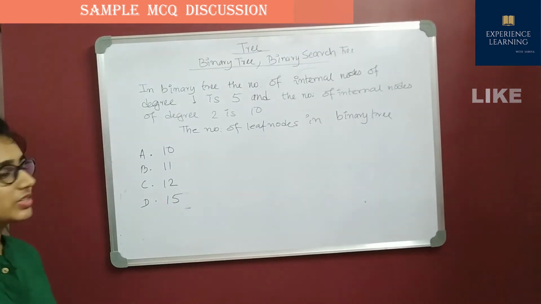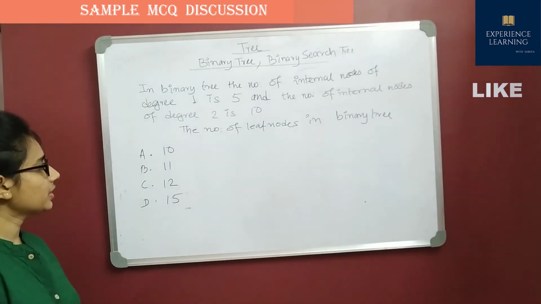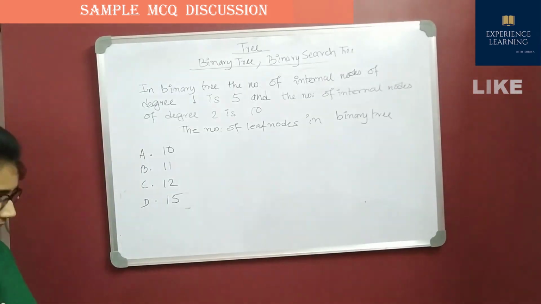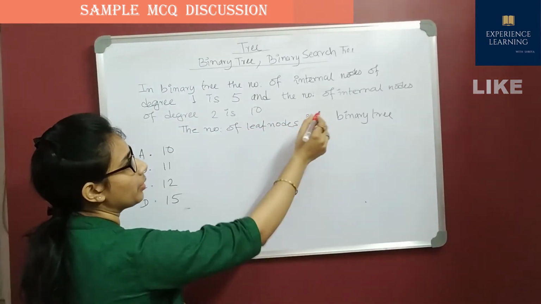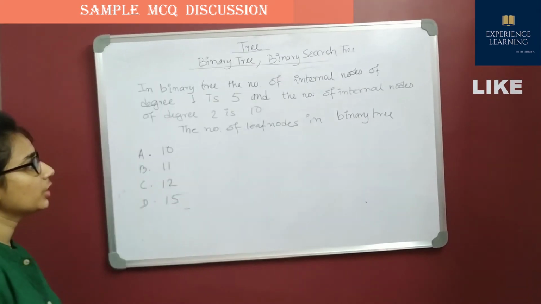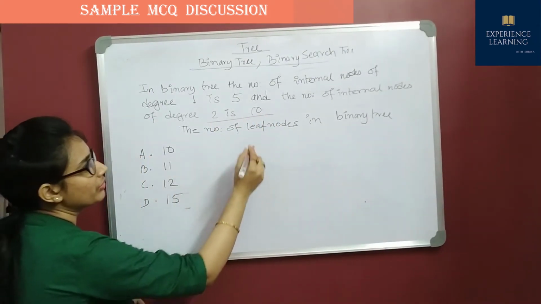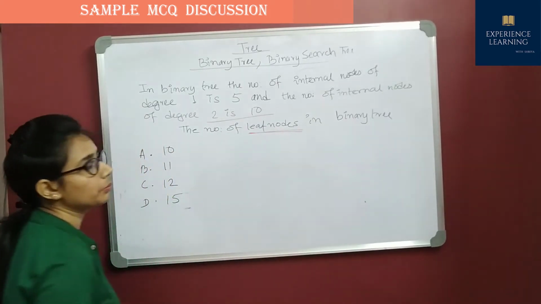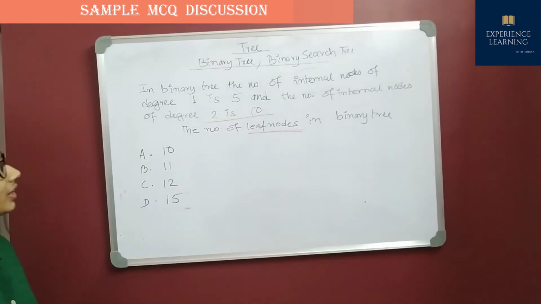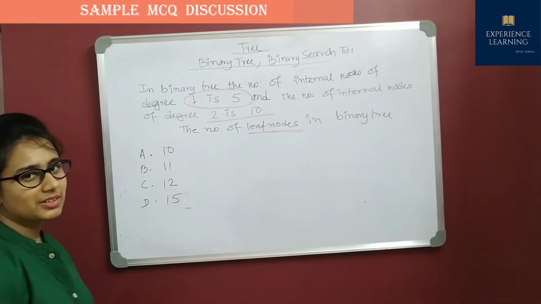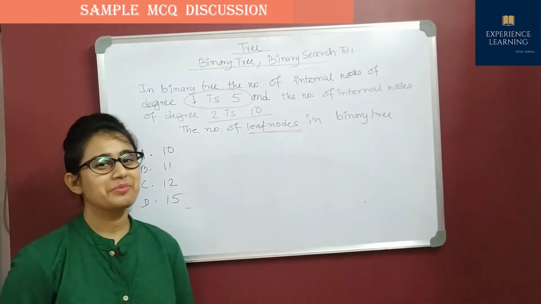Okay, here the question is given. In a binary tree the number of internal nodes of degree 1 is 5 and the number of internal nodes of degree 2 is 10. You have to find out the number of leaf nodes. Now, maybe you will be confused with this data, but here the examiner has just given it to make you confused.